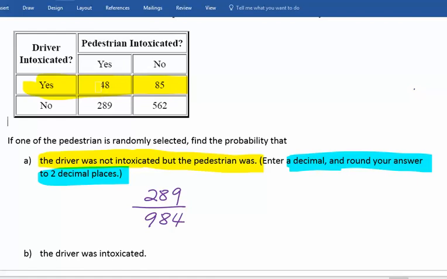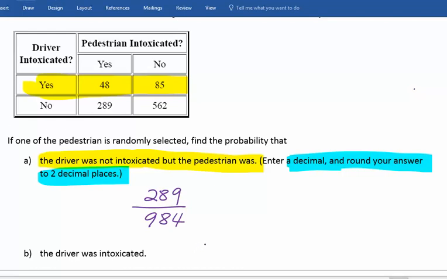So we could have the driver was intoxicated and the pedestrian was also intoxicated, and we could have the driver was intoxicated but the pedestrian was not intoxicated. But in this case, we only care about the driver, so we won't look at the details for the pedestrian. We just look at the first row. That is when the driver was intoxicated.